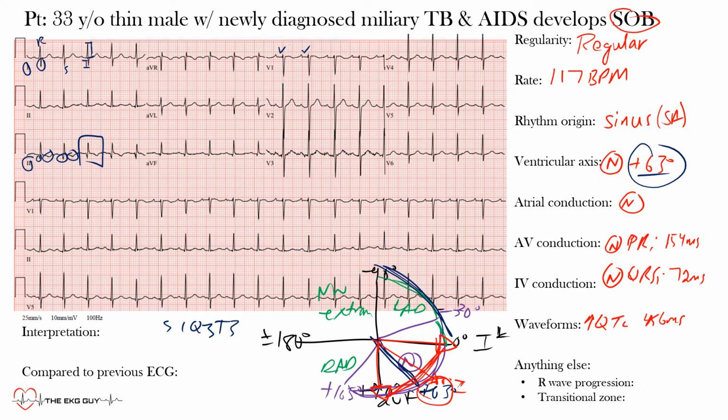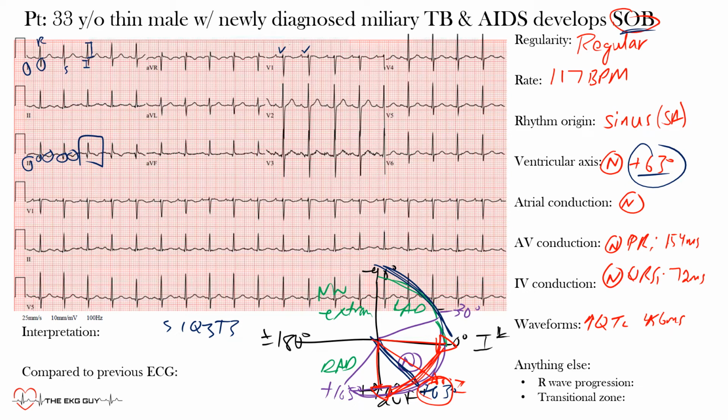Again, initially we're thinking maybe PE with this new onset shortness of breath, no pleuritic chest pain or anything to suggest it, but the ECG does not point to it, and that's something to know here. This S1Q3T3 pattern you may hear about is classical, but again, not sensitive or specific as we saw. Anyways, let's move on here.